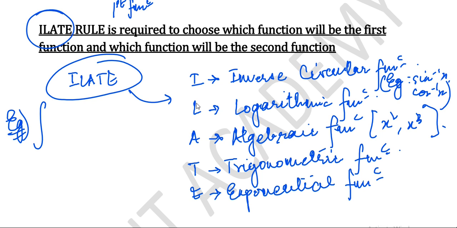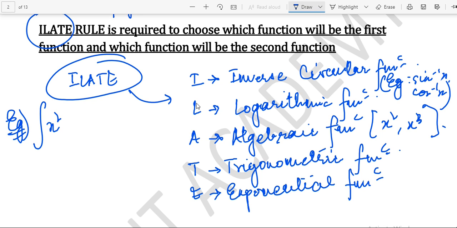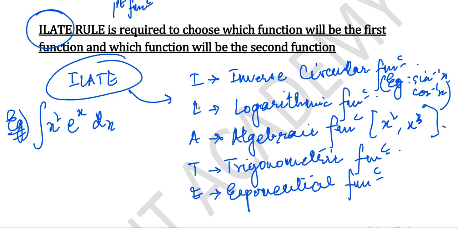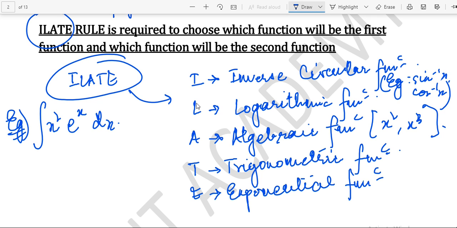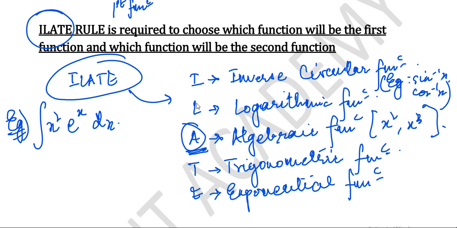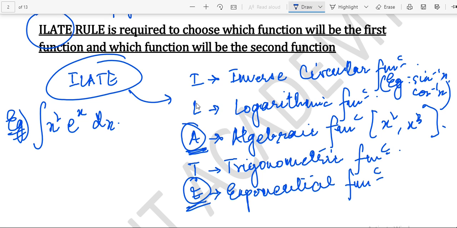Now suppose we are asked to find the integration of x square into e to the power x dx. Now see here, which one will be the first function and which one will be the second function? In the ILATE rule, A is the algebraic function, we have A in the first and E at the last.